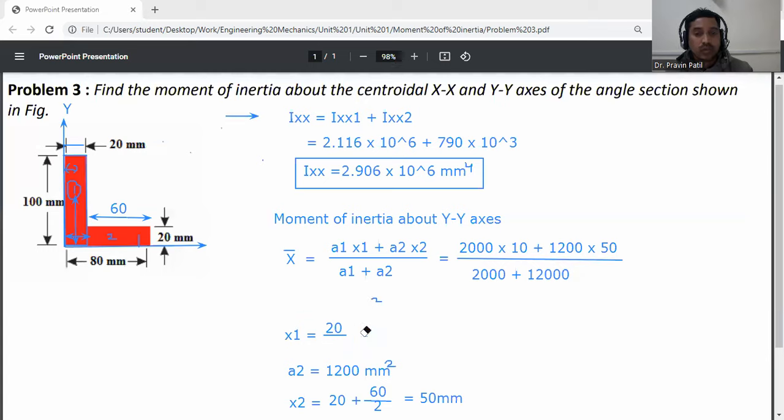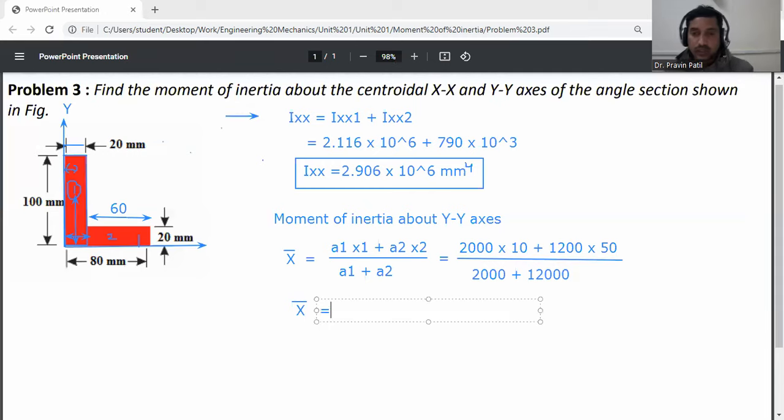Okay. x bar is equal to, we get x bar from this relation.